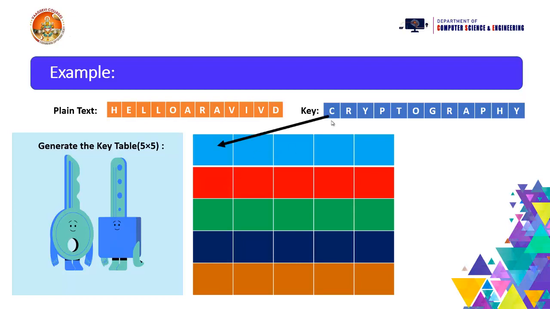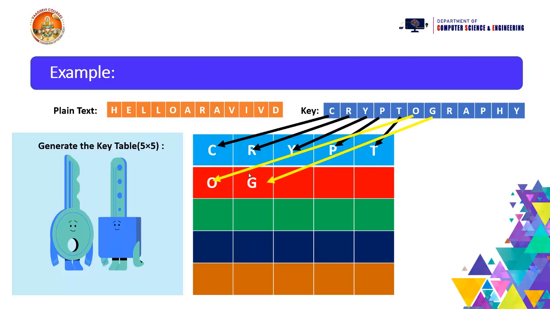For example, first we'll copy C, then R, then Y, then P, and T here. Then shift to the next row, copy O here, then copy G. Next is R. Before copying R, first check whether R is already repeated or not.